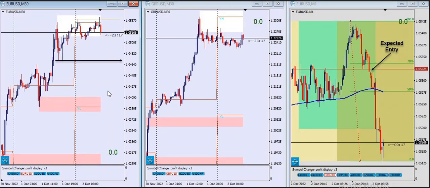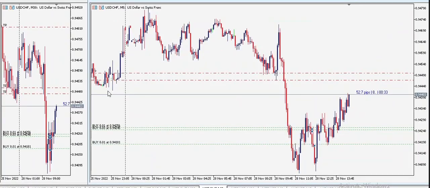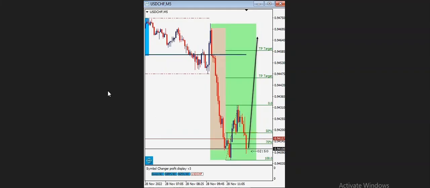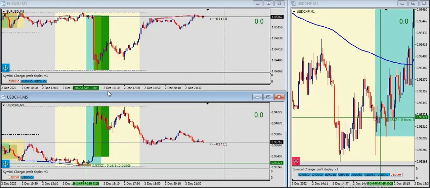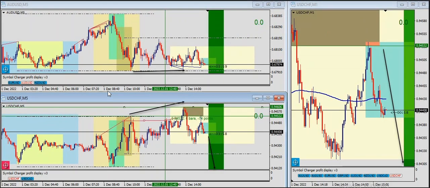Then I had this, look at this one, 3 entries, profit, final profit was grabbed. Then look at this, I didn't take that, I didn't take this.